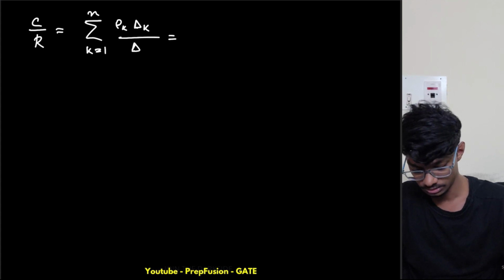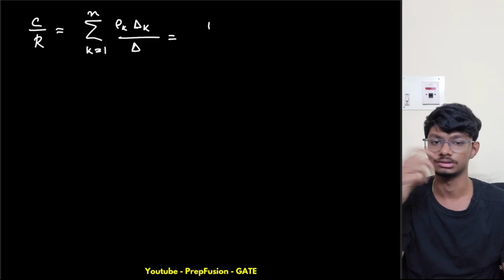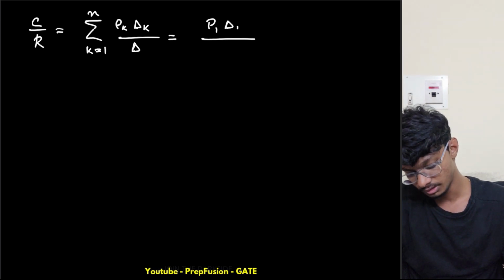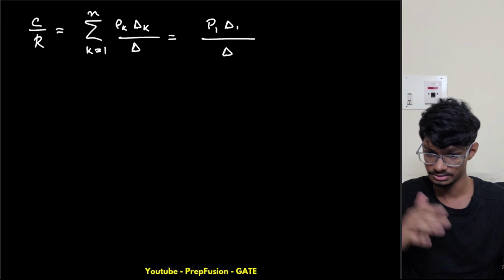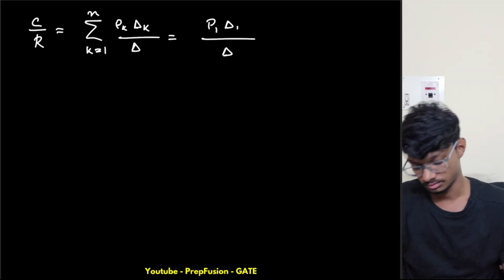We have only one forward path, so we don't need to sum anything. We'll have only one value, that is p1 delta 1 by delta. Delta remains the same anyway. Now what is the forward path gain? That is p1.